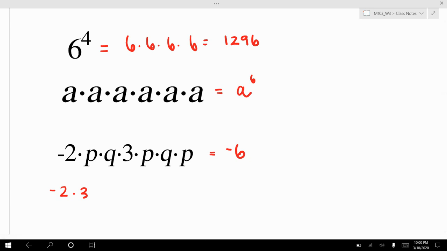So I'm going to write my p's next. So I have 1, 2, 3. So we would write that as p cubed. And then we would write our q's, which is q squared. And that's how we would simplify a long term into one monomial or one term.